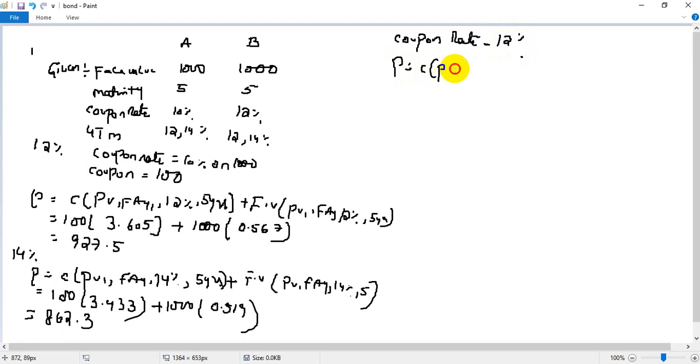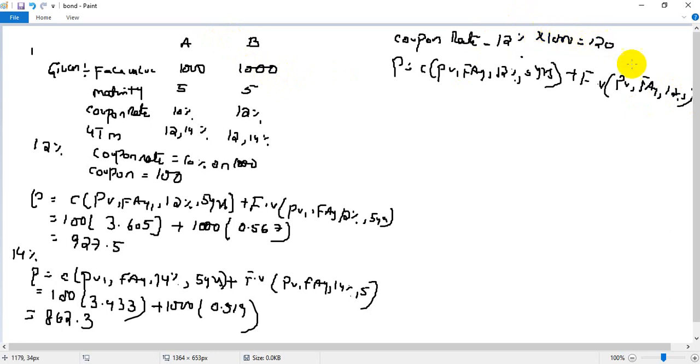P is equal to C into PVIFA plus face value into PVIF, 5th year, 1000 and 1000 you need to do. 120 into, if you check the 5th year row, we got already 3.605, plus 1000 into 0.567.